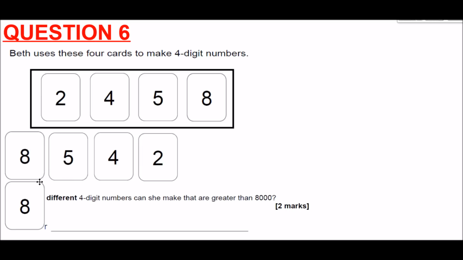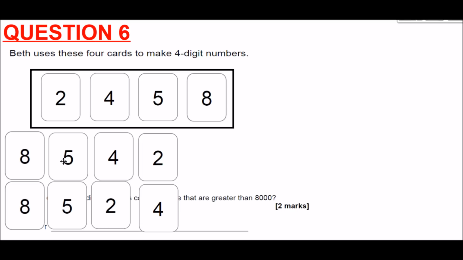After that, we could have 8,500, and we could switch the order of the 4 and the 2 at the end. So we could have 8524. And so that's 2 different 4-digit numbers which are both bigger than 8,000.